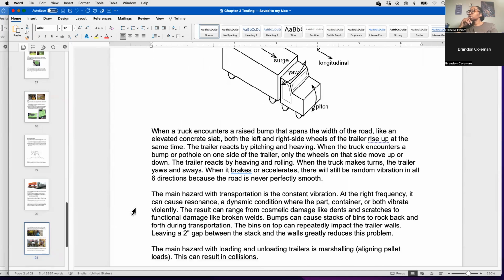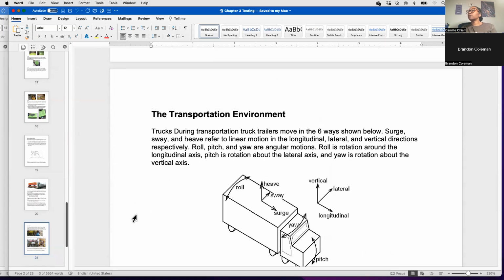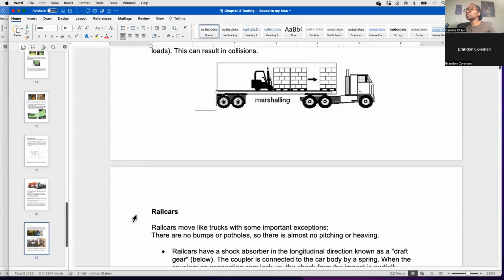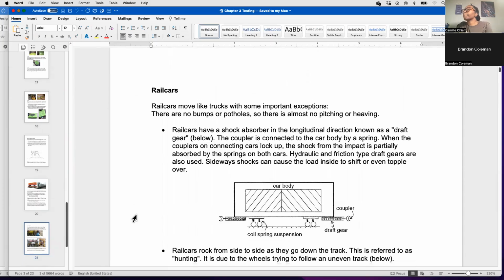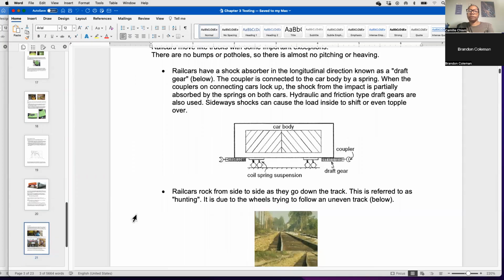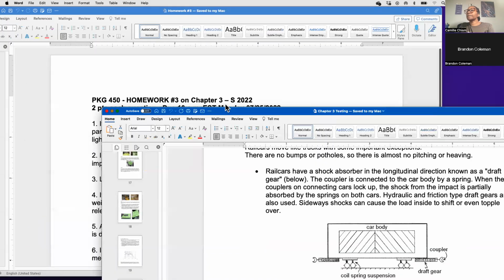Let me read the first few pages of this. So you can read around for your rail cars, right?